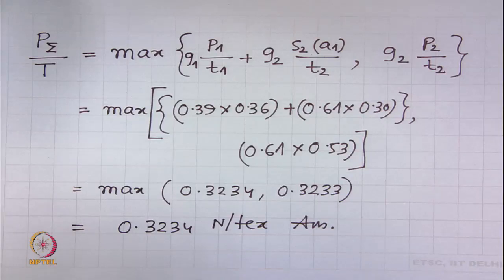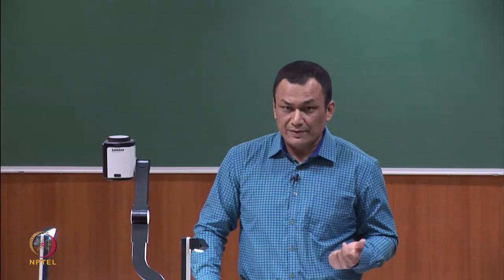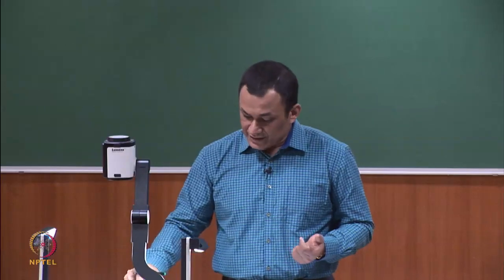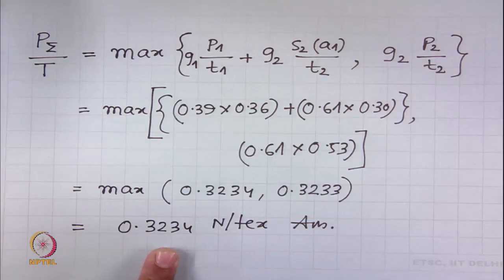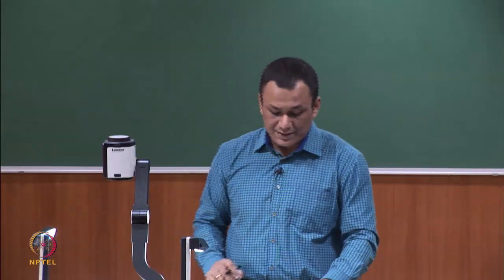So the bundle which gives you minimum tenacity, where the minimum tenacity is 0.3234 Newton per tex, consists of 39% cotton fibers and 61% polypropylene fibers.